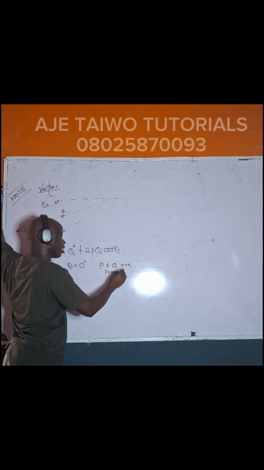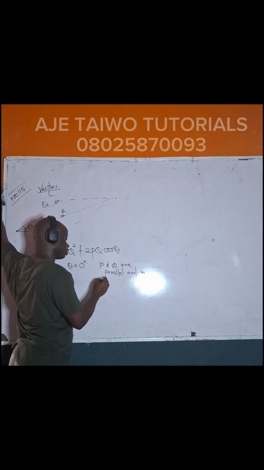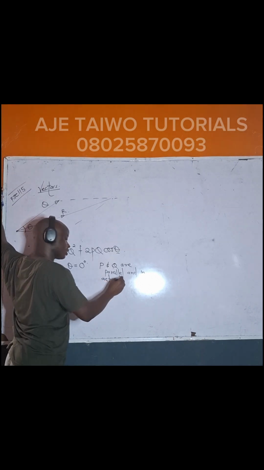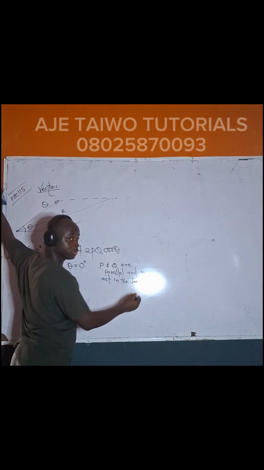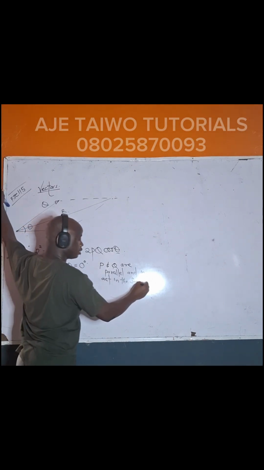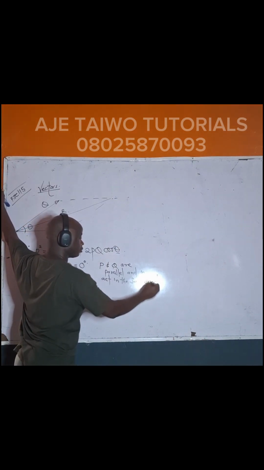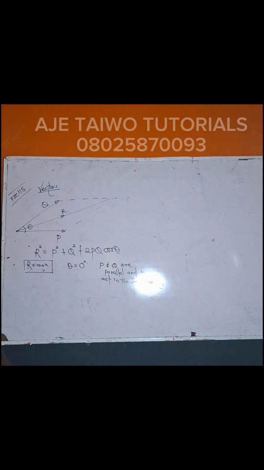When P and Q are parallel and act in the same direction, that's when we have our resultant maximum.